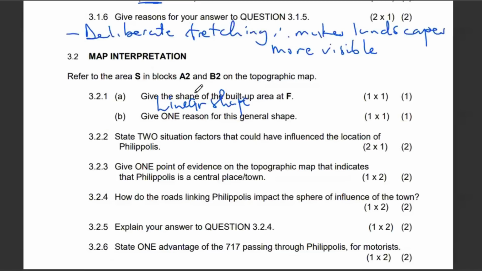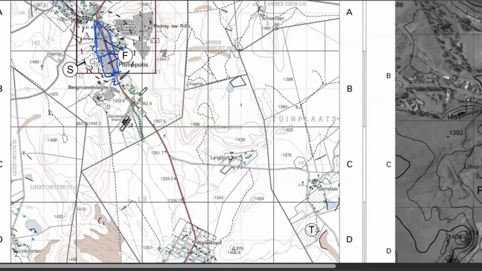And the reason that we can identify there is because of this route here. The buildings, if you check, are located mainly following this one here, is getting narrow as we get here, and also here is getting narrow as we get here. But the major reason is that the built-up area is influenced by this road here, which is R717.